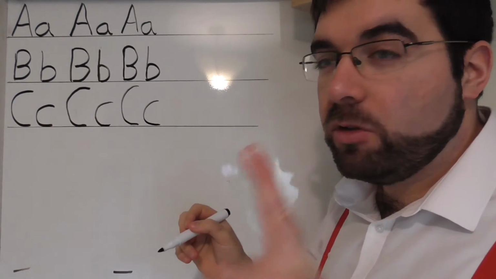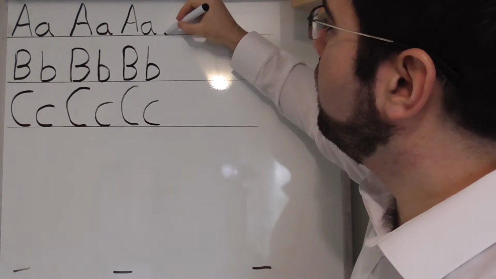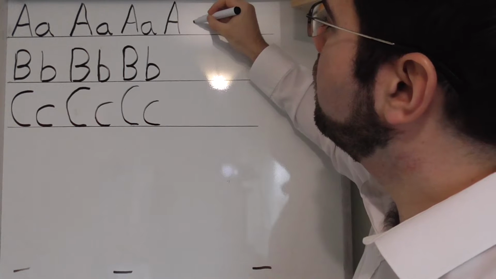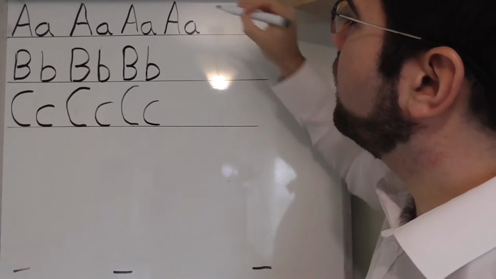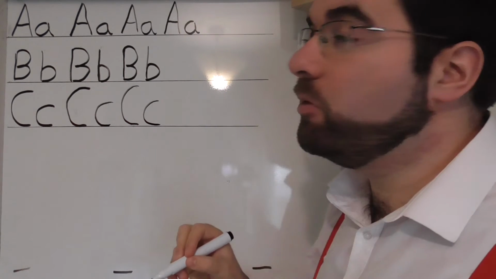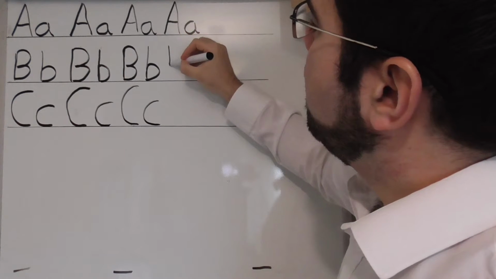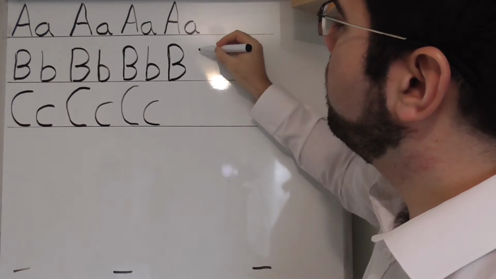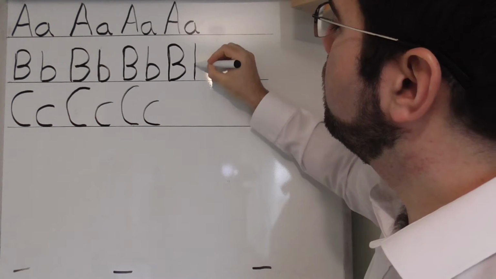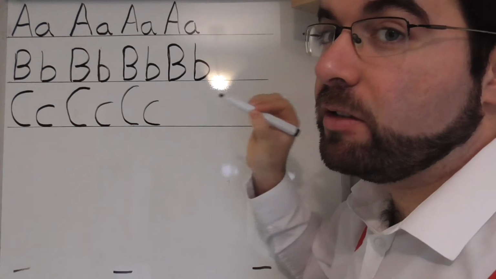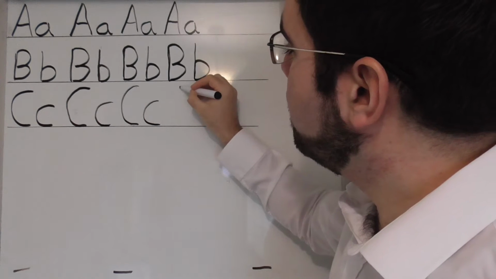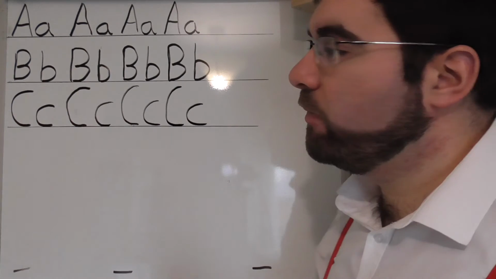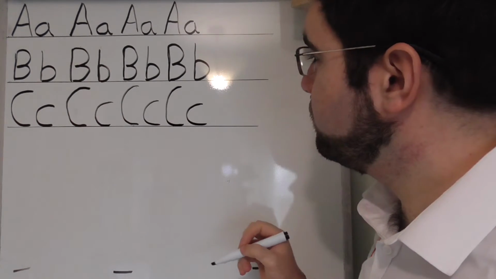Let's do it once more, just once more. A, up and down, A, and a. Beautiful. B, and b. Very nice. And C, and c.